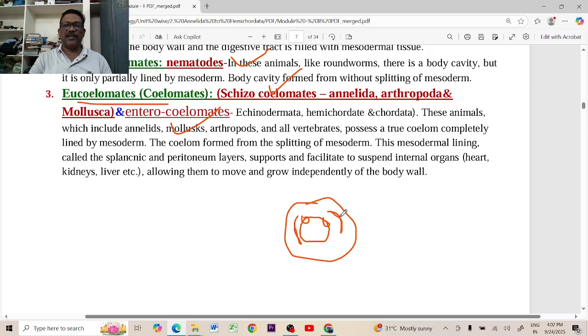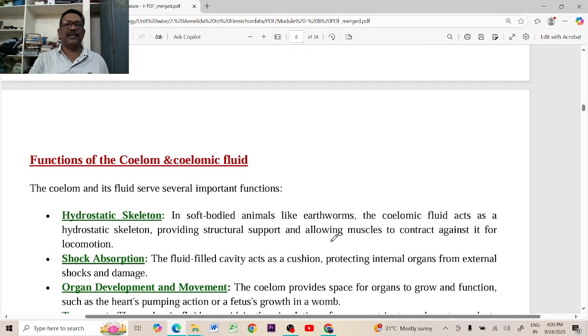Next, this mesoderm can split and form the body cavity. That's why it is called entero, meaning gut. From this endoderm, the gut is going to be developed next. From these gut cells, some cells differentiate and form mesodermal cells. That's why it is called enterocoelom, formed from the enteron.